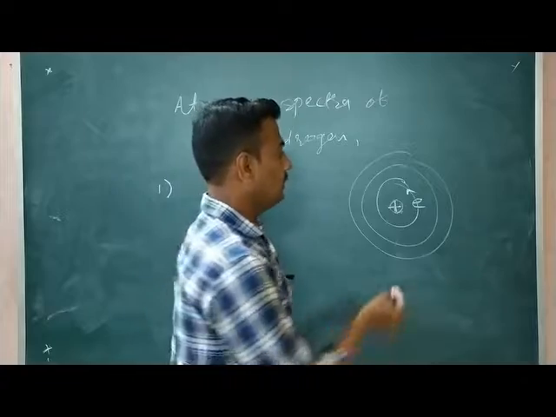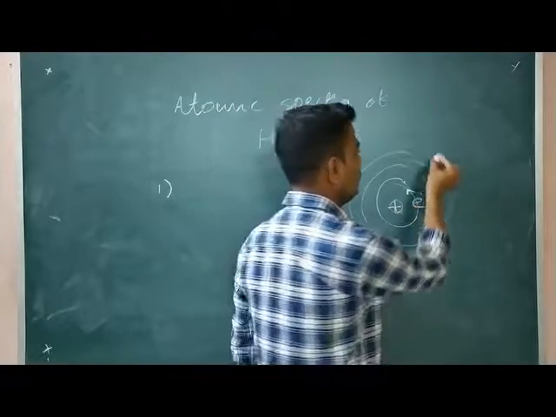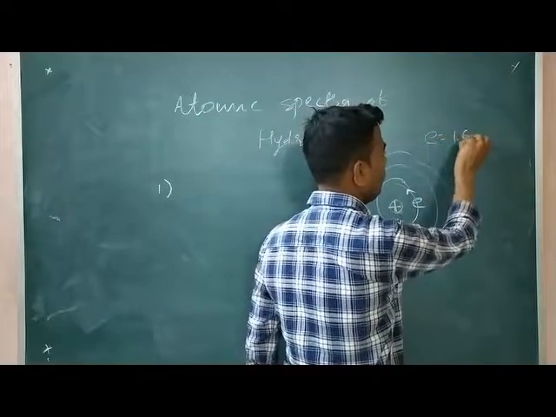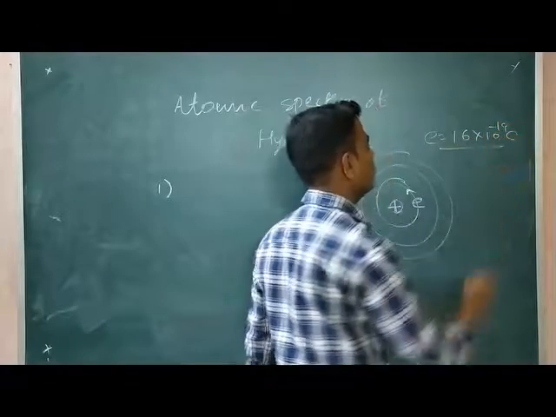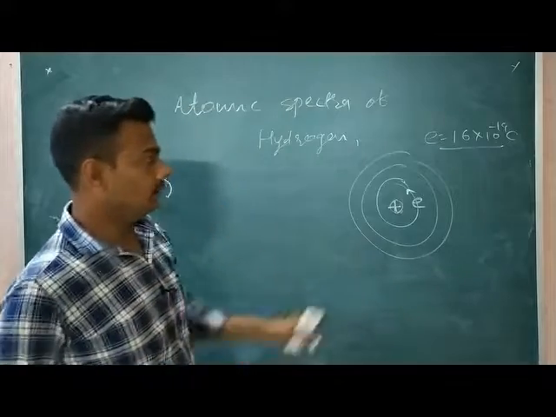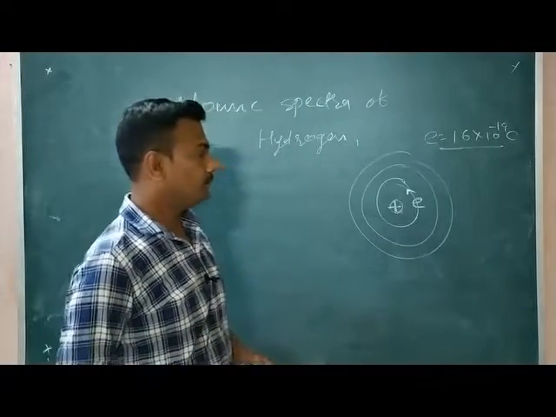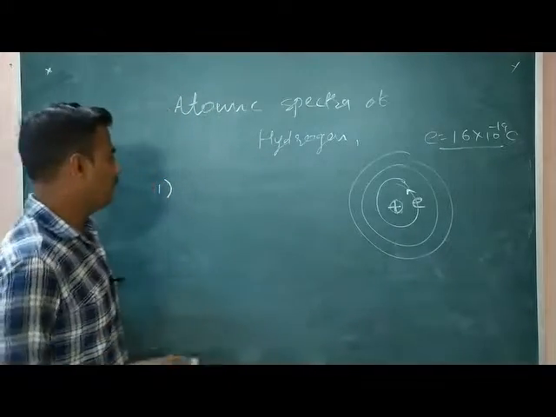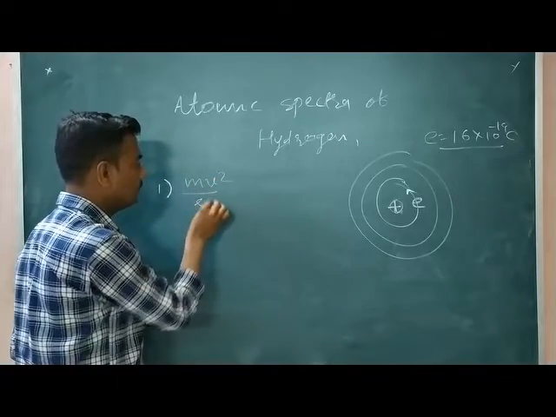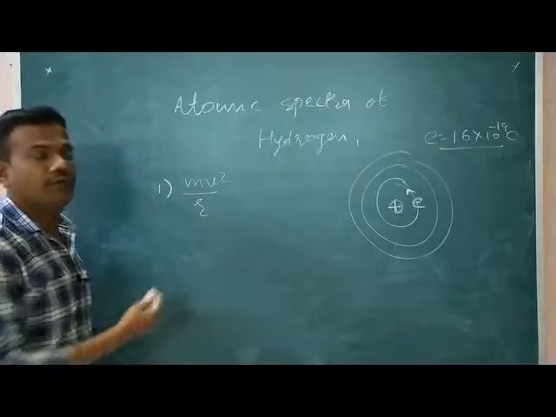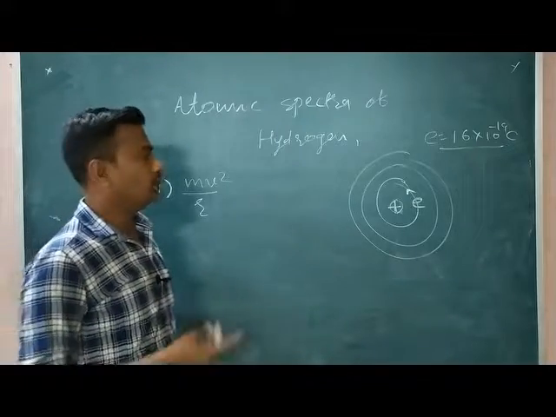You know that the charge on the electron is negative, about 1.6 into 10 to the power minus 19 coulomb. The necessary centripetal force is equal to mv square divided by r, the centripetal force required for the circular motion of the electron.